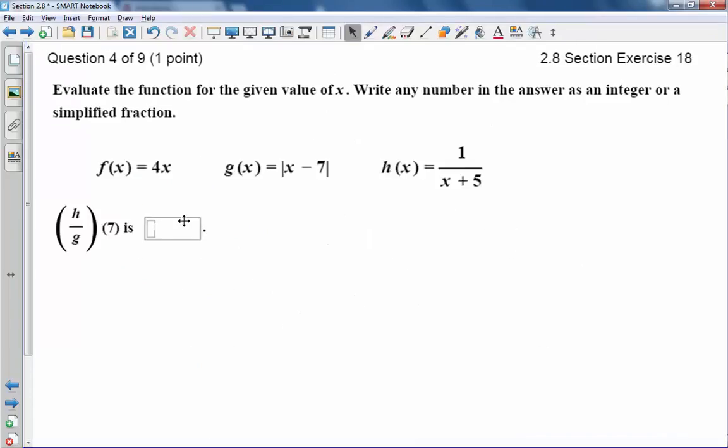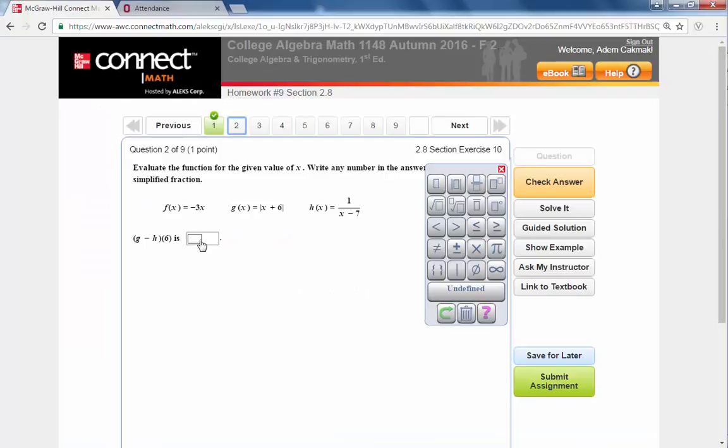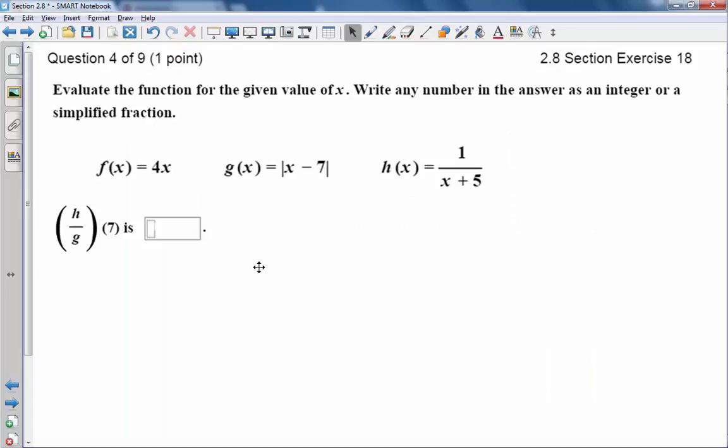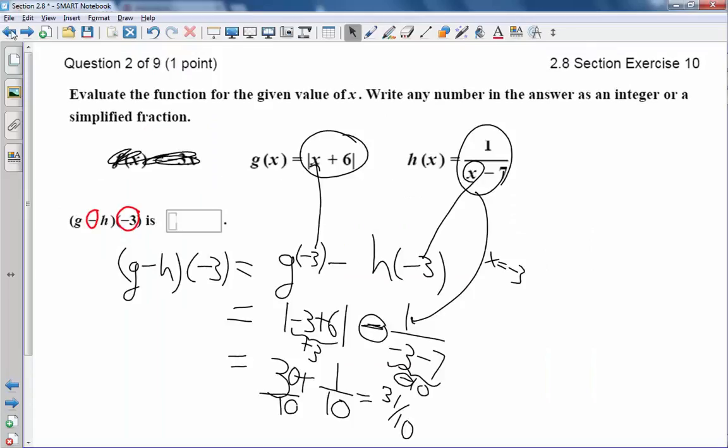Take a look at next one. We are dividing in the next one. I made a mistake. Where's my mistake?